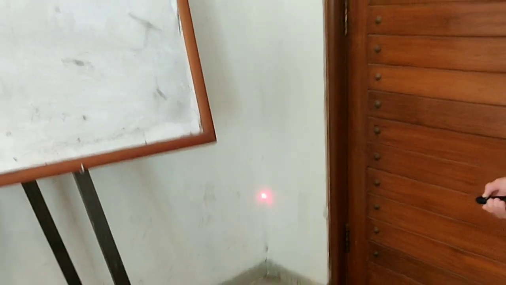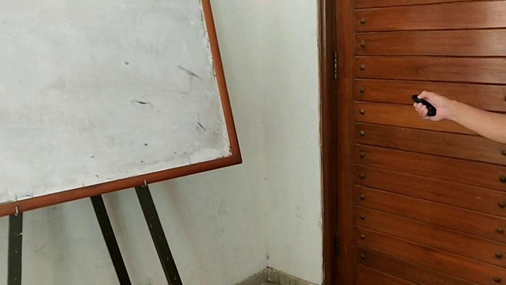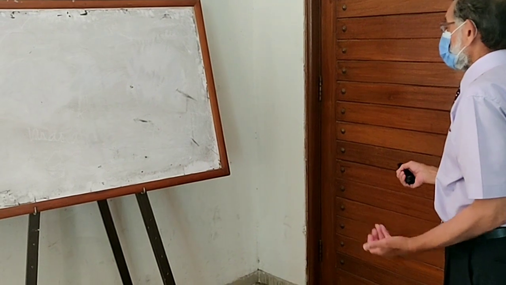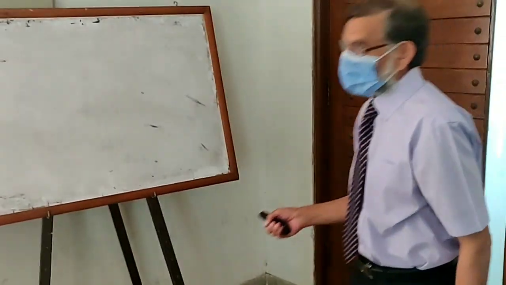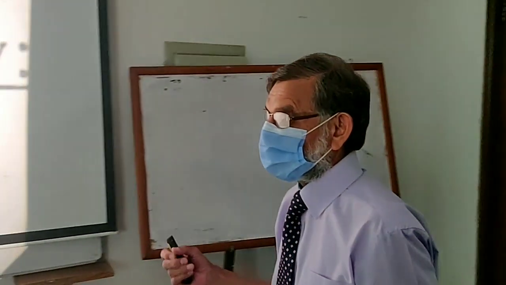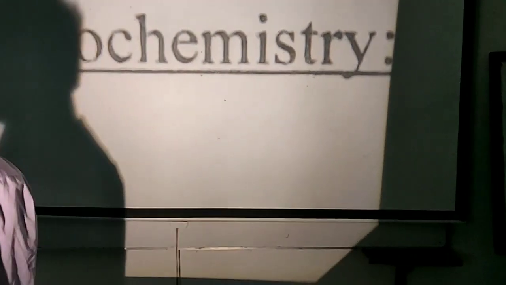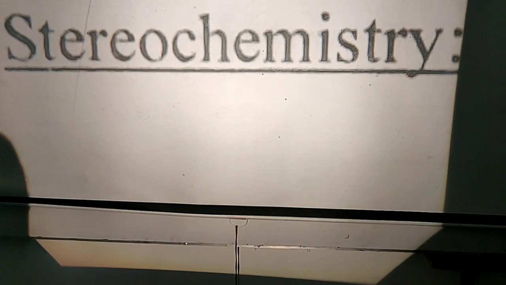These are the three axes in which it is displaced. That means the atoms are arranged in three-dimensional space in a different way. In one stereoisomer, atoms are in one shape, and in a second stereoisomer, atoms are in a different shape, and so on and so forth. This keeps on changing.